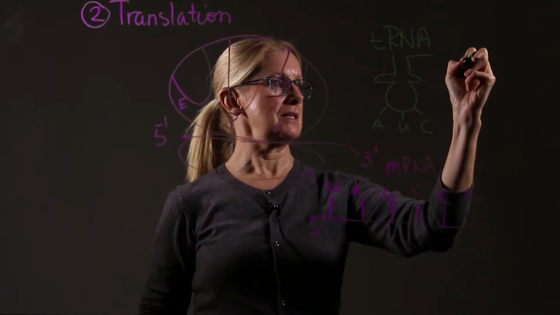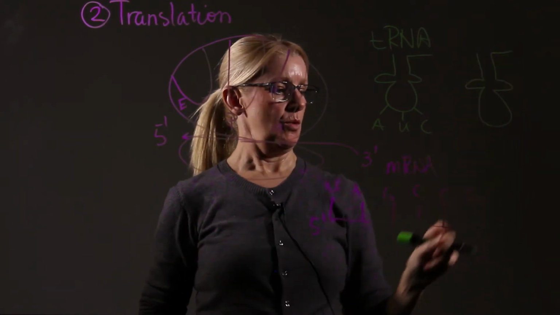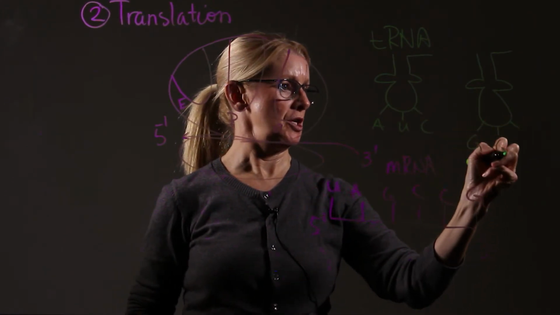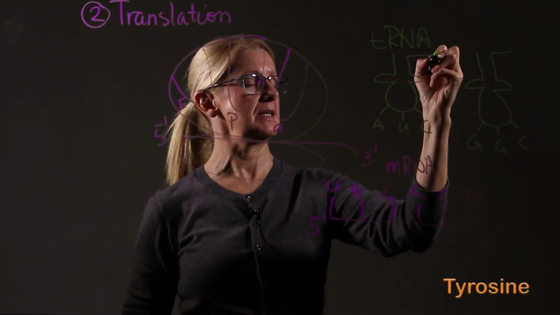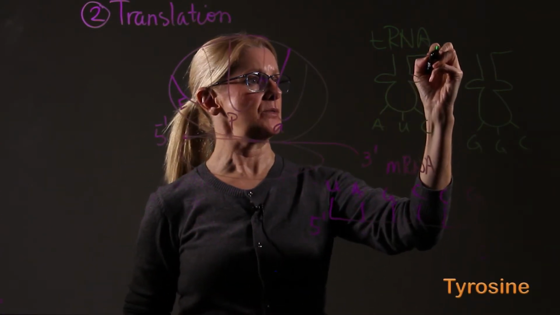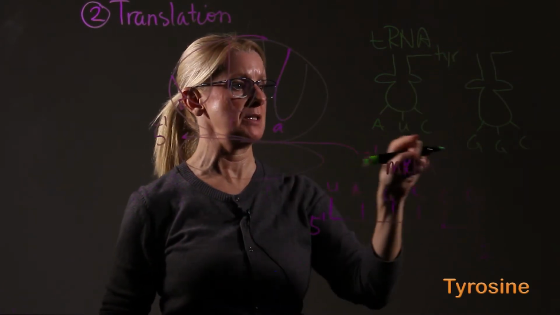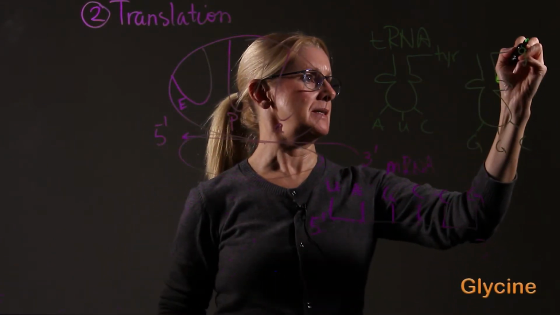And then our second tRNA that would enter the ribosome would have one that would be complementary to our next codon. So we would have a GGC. And each of these have particular amino acids attached to them. In this case, we have tyrosine, which would be the first one. That's the one that corresponds to AUC on this. And GGC, that would be glycine.